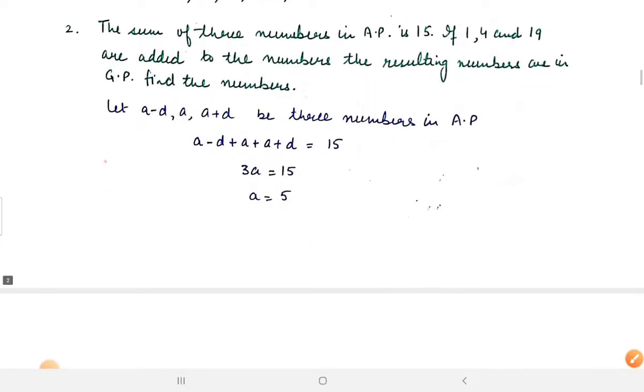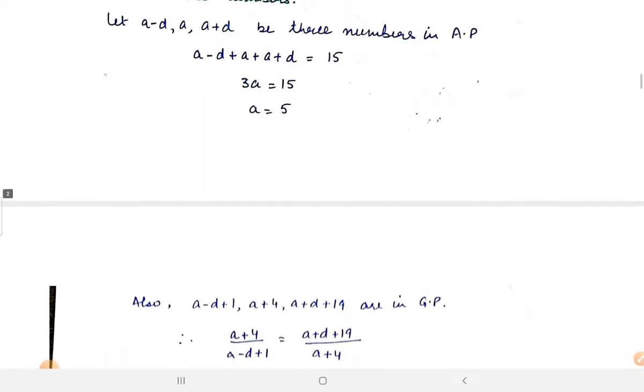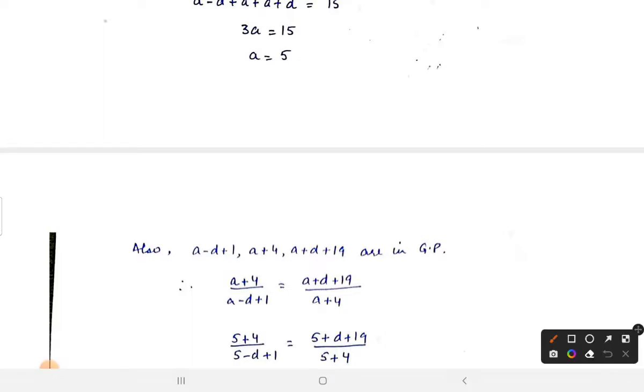Again, if we add 1, 4 and 19 to these numbers, they are in GP. So A minus D plus 1, A plus 4 and A plus D plus 19 are in GP. If they are in GP, then the common ratio should be the same.